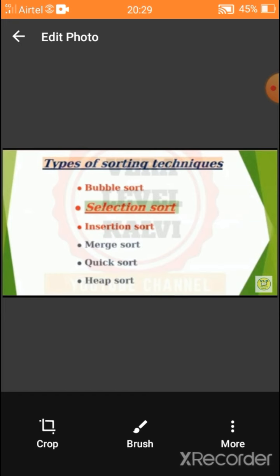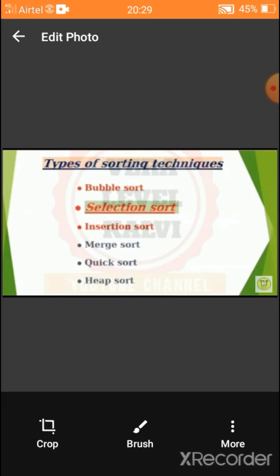Look at the definition for the bubble sort algorithm. It is a simple sorting algorithm. It starts at the beginning of the list of values stored in an array. It compares each pair of adjacent elements and swaps them if they are unsorted. So that means in an array there are multiple elements.